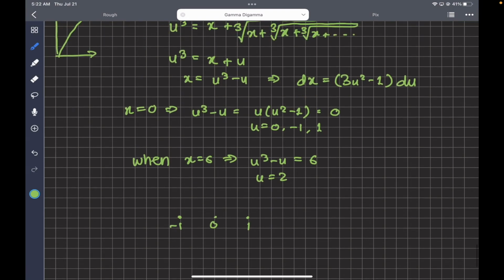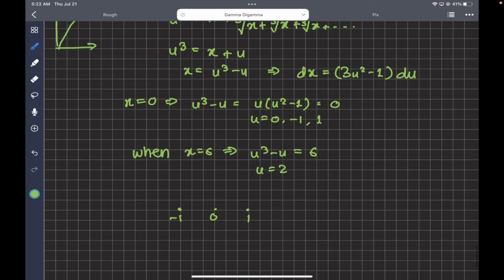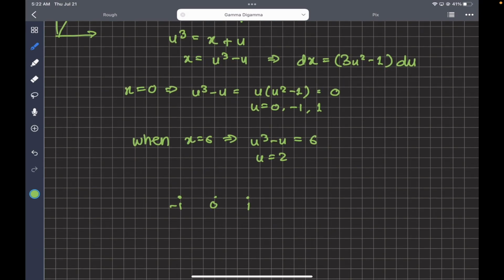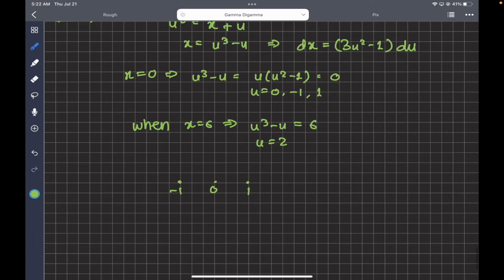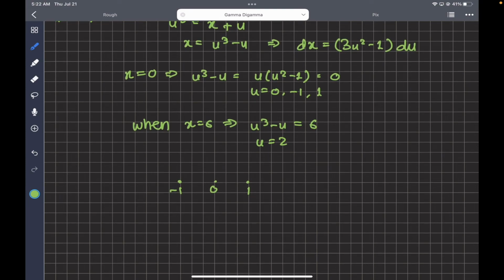You can plug in 1/2 into u cubed minus u to get something negative, which means it's negative in this region here. It's negative in this region here. By continuity, it's positive here. Again, by continuity, it goes like this. So this is what the function looks like.